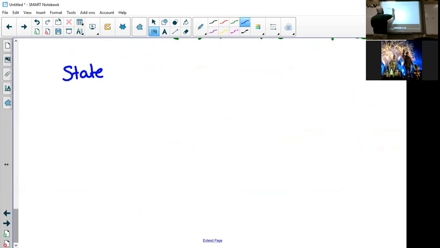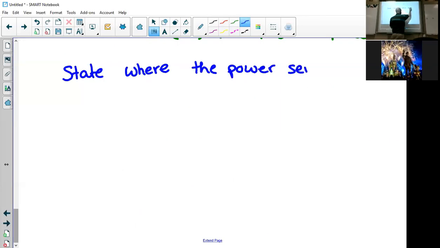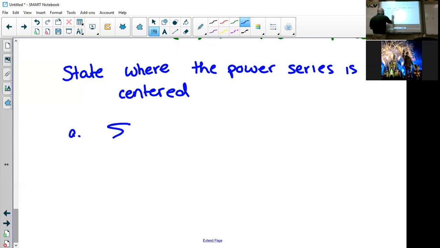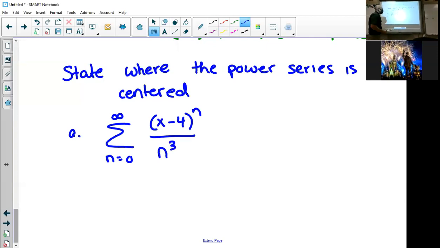All right, state where the power series is centered. All right, so looking at our first one here. The only thing you really need to look at is what is the x within the parentheses.